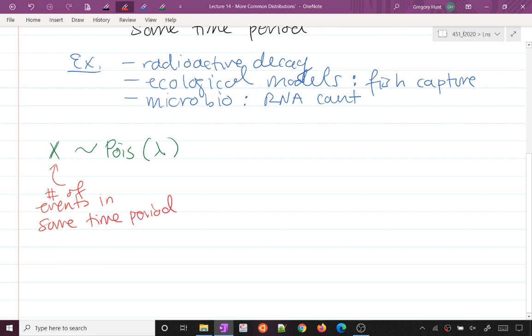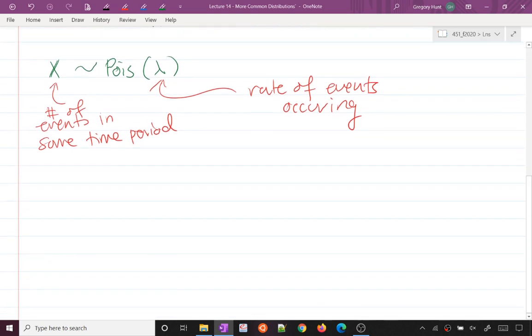We fix the time period in advance, and we say, okay, how many events happen in that time period? And my parameter lambda is the rate of events occurring. So if lambda is high, I would expect more events in my time period. If lambda is small, I would expect less.